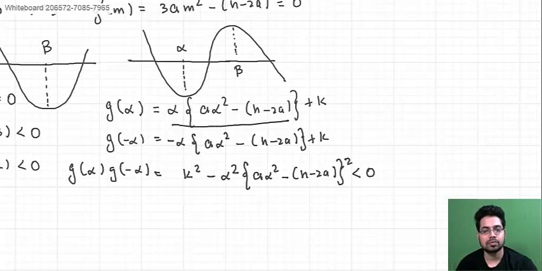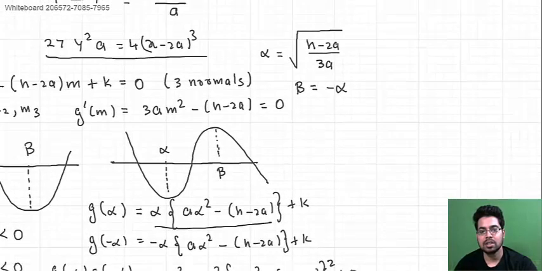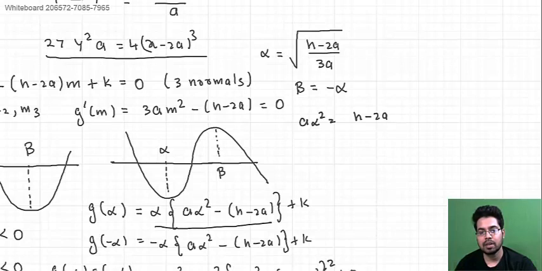Now my alpha was this, so my a alpha square is going to be h minus 2a by 3.